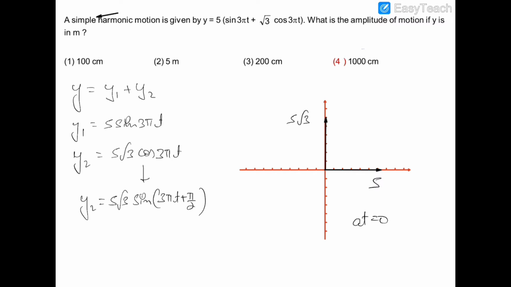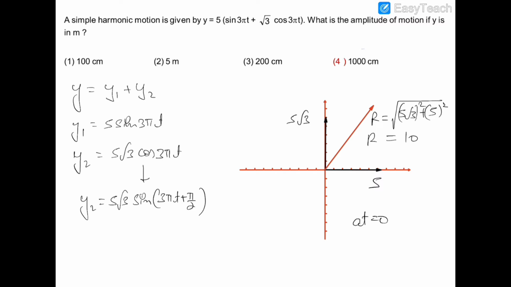The resultant amplitude r will be equal to under root of 5 root 3 whole square plus 5 whole square. So this will be equal to 10, and this y is in meters, so in centimeters this will be equal to 1000.